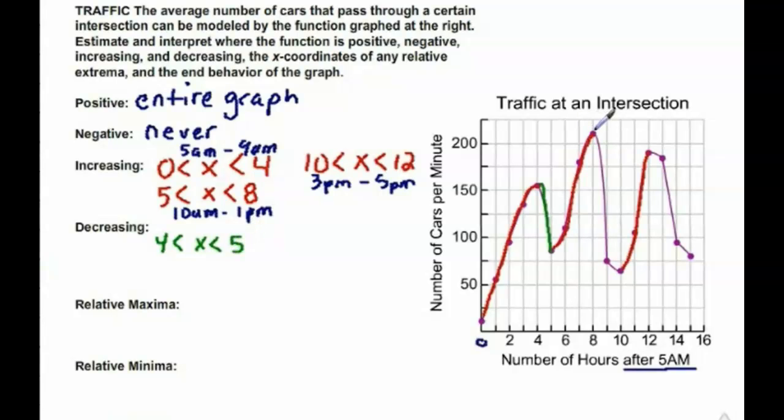Then we have another decrease here, and this one is at 8 to 10. And then finally we have one more here at the end of the function, and that begins at 12 and goes to 15.